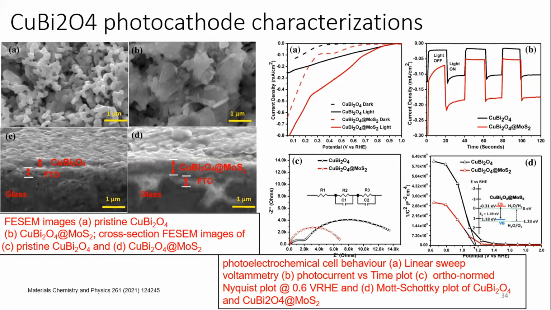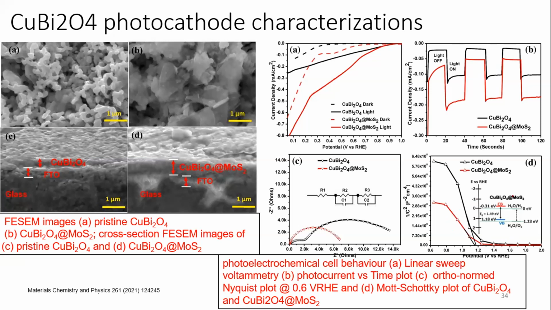Normally CuBi2O4 is one of the good materials as photocathode, because it has high positive flat band potential. For n-type, if you have more positive flat band potential, that is good for a photoelectrode system. Similarly, for p-type, if the flat band potential is towards the minus side, that is the cathodic side, that is even good for a semiconductor photoelectrode system.